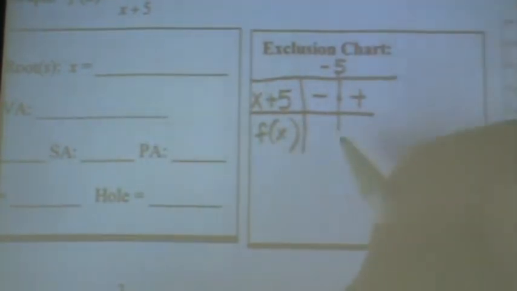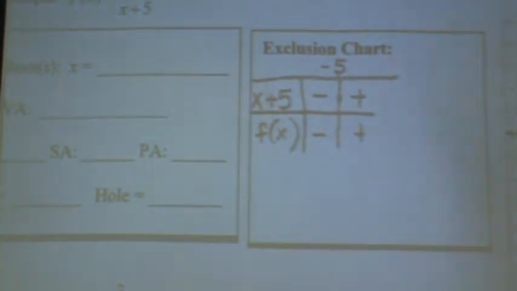You're going to have negative 5 here. It's just negative and positive, right?